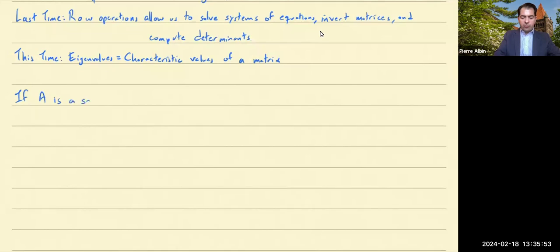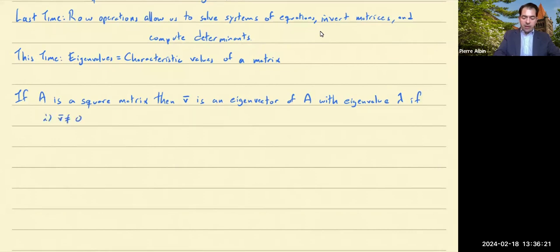If A is a square matrix, then a vector V is an eigenvector of A with eigenvalue lambda if two things happen.